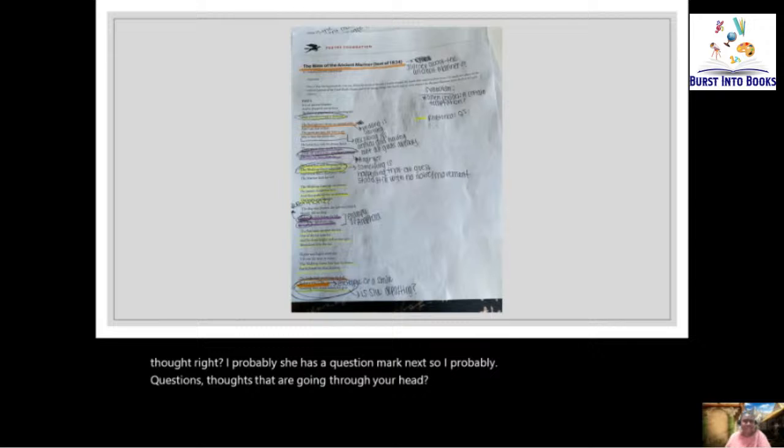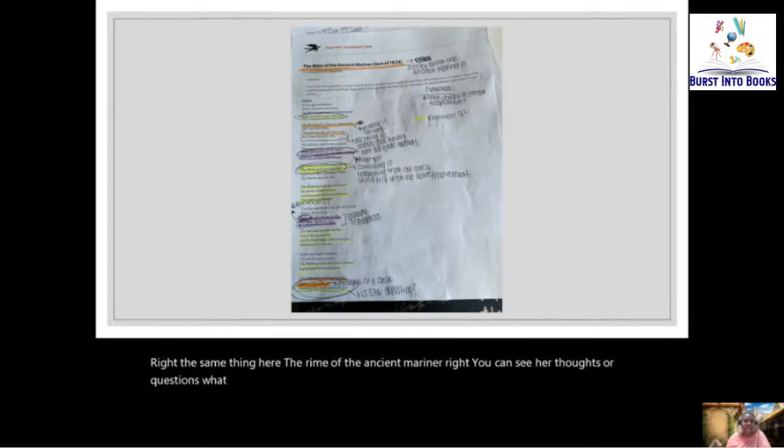The same thing here, The Rime of the Ancient Mariner. You can see her thoughts or questions, what she's wondering about in the poem. We want our kids to do this while they're reading: rhetorical questions, comments, feel free. We want them to be engaged in the reading.